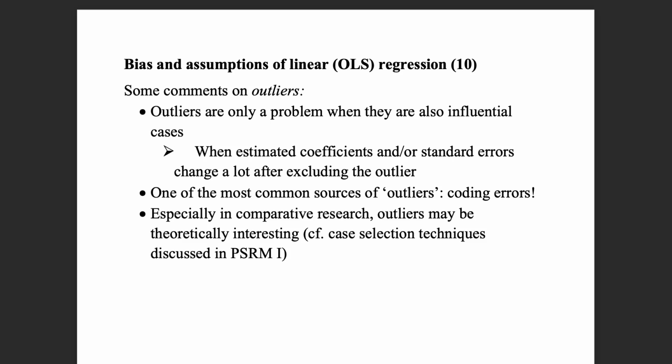They might actually be theoretically interesting, and you will have probably already learned about certain case selection techniques for qualitative case studies in the PSRM1 course that are really based on this idea of: we can do a type of regression or statistical model, and then we might find some outliers, and then it might be theoretically super interesting to especially do a case study on those specific outliers. Yeah, so that's something to be aware of. So outliers aren't necessarily always just a problem, but they can also be interesting to further investigate whatever you're trying to investigate.